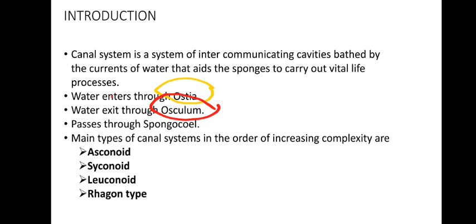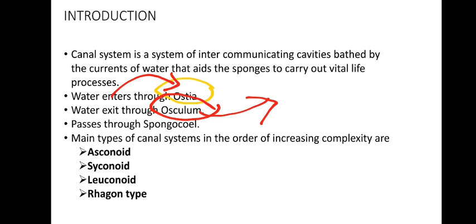Through the ostia water enters, and through the osculum water exits. In between the ostia and osculum, lots of things happen, and that is what the canal system is. In between, respiration, excretion, circulation, digestion, everything takes place.